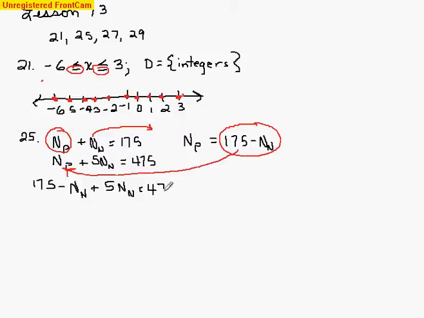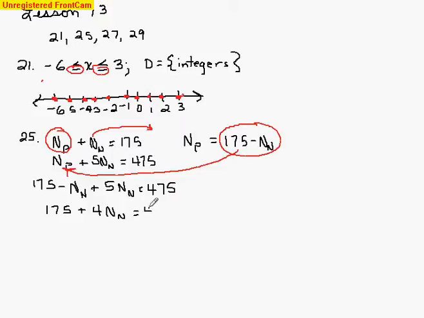Combine our n's, so we get 175 plus 4n sub n. I'm going to add these two together: -1n sub n and 5n sub n is 4n sub n equals 475.